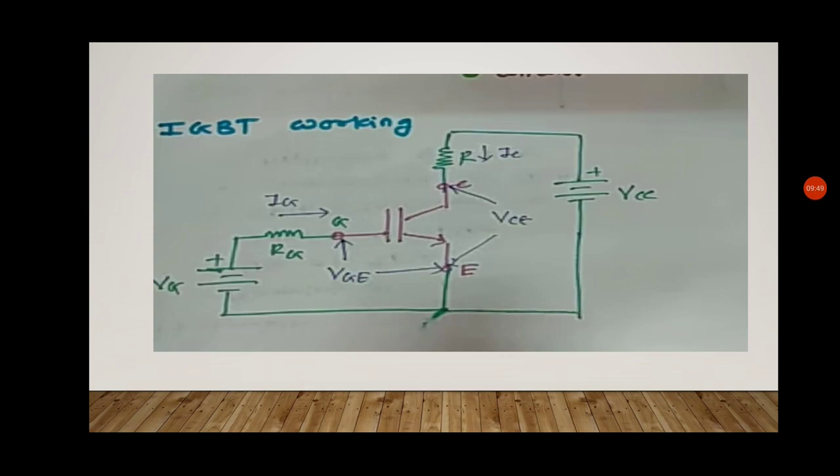So as we go on increasing VG, IG will increase, which will further increase our VGE. And this increase in VG will again help in increasing IC, and there will be a drop in VCE.